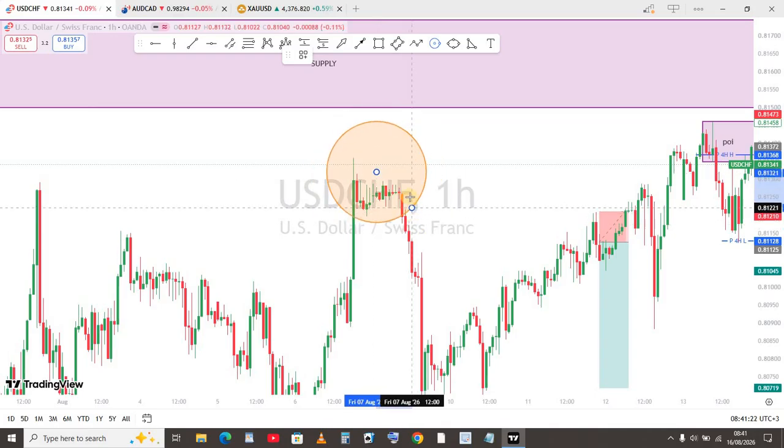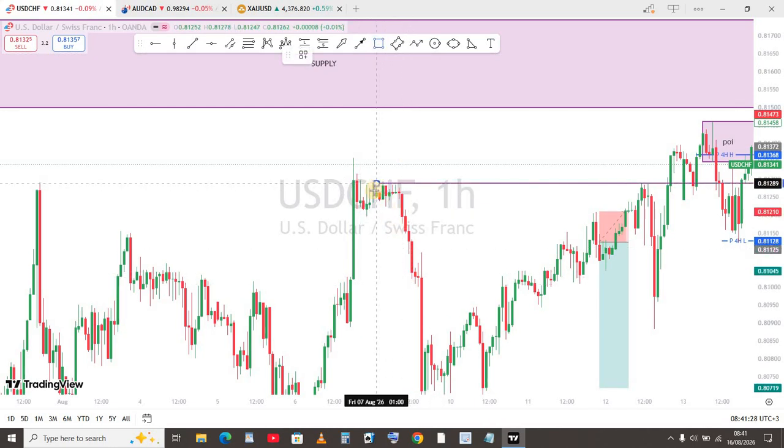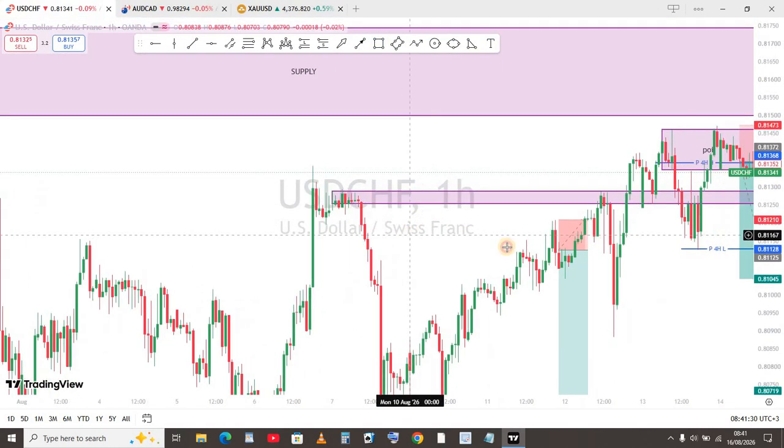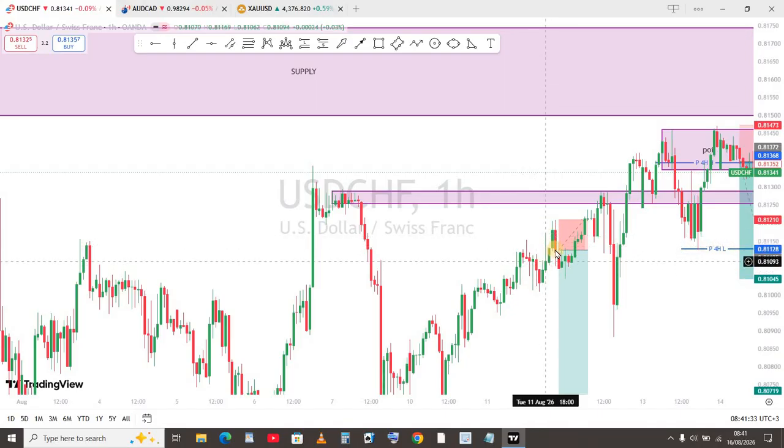This area is where I was anticipating to take a sell at that time. So I waited for this point, whereby I saw these candlesticks sweeping the liquidity high and then closing down here as a bearish candle, with the following candlestick.